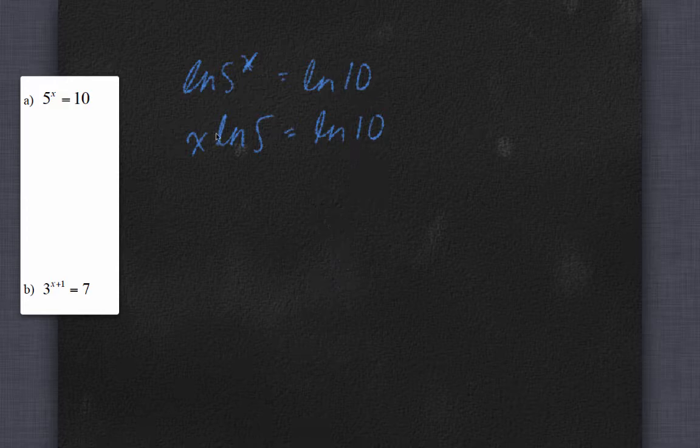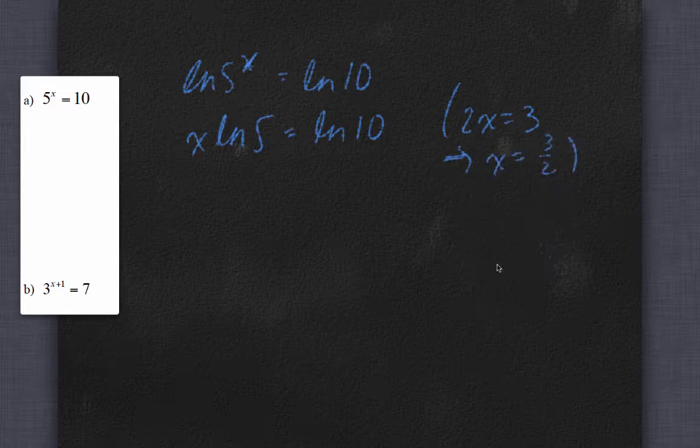I don't do anything over here because this is just exactly equal right here. But then I've got x times a number is a number, and if this said 2x equals 3, you'd be perfectly happy with me dividing by 2, right?